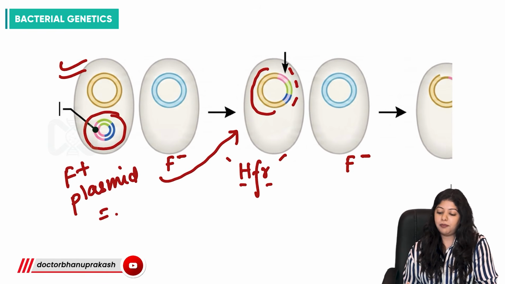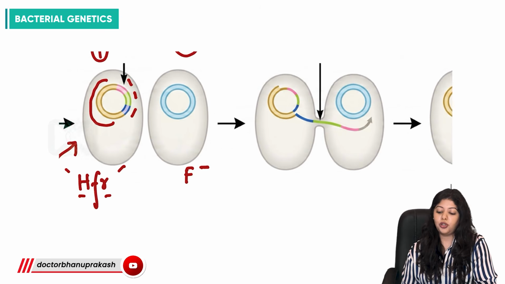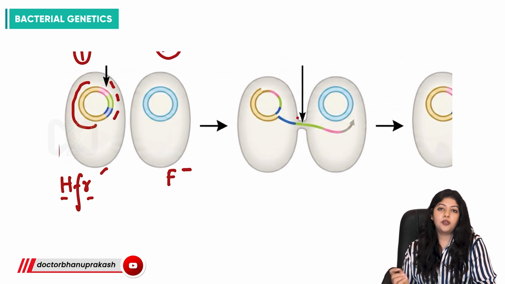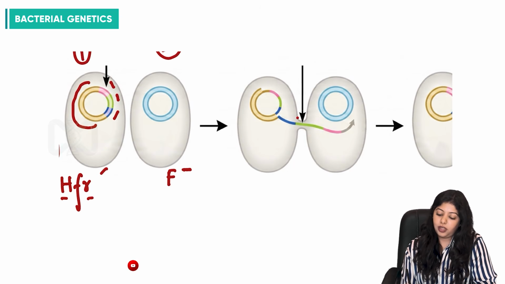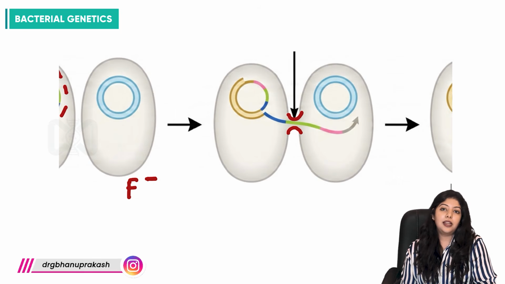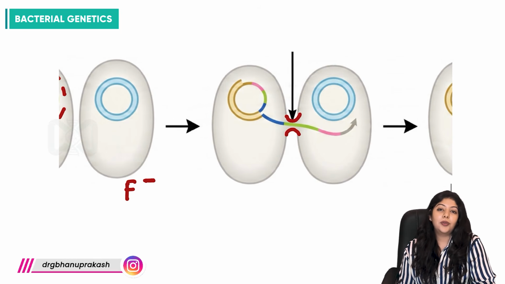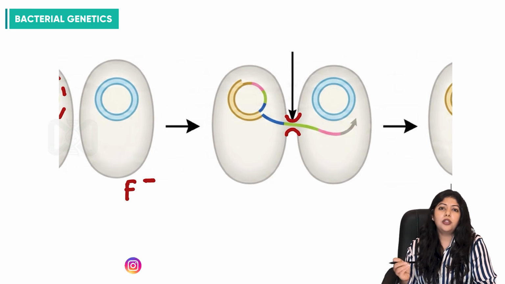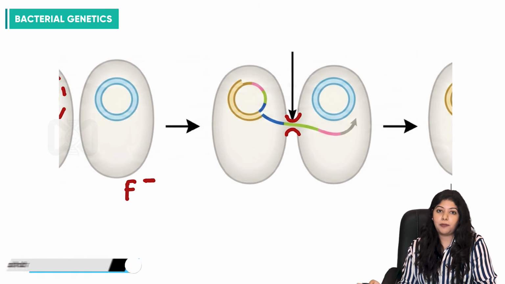So now what happens? There is of course formation of a conjugation tube, because we are talking about conjugation. So there forms a tube. Now what happens in the next step? Remember we said that these residents are going to give fashion advice to everybody around in the batch, but they are not going to give each and every detail to them, right?